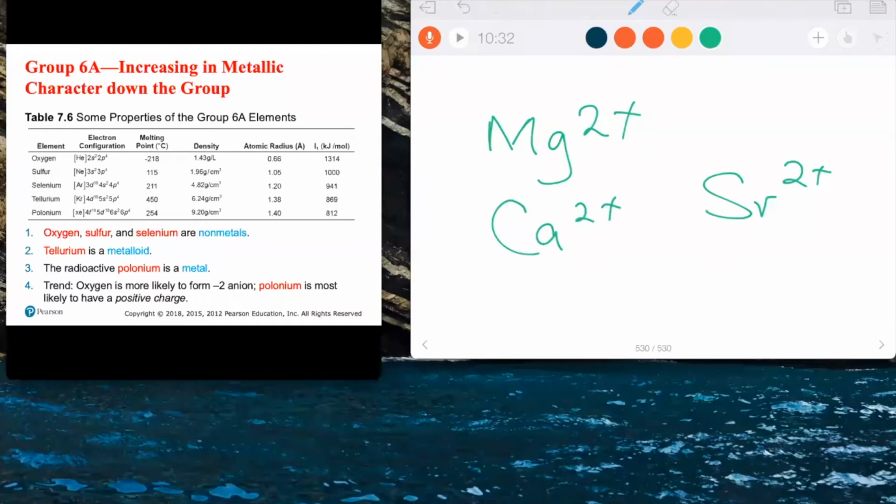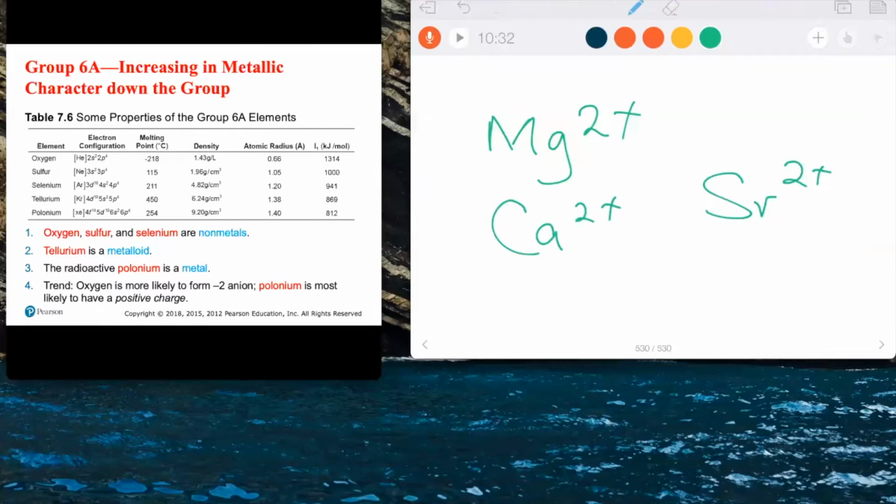Melting point increases down the periodic table because of the same reason, that the nuclear charge keeps on increasing. Therefore, it's hard to melt because of the number of electrons. There is a mixture of metals and non-metals going down the group. Tellurium is a metalloid.